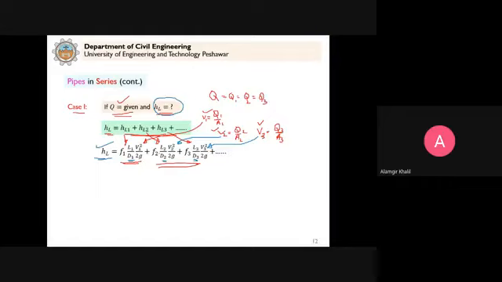But if F1, F2 and F3 are not given, then essentially it becomes a trial and error procedure. Just like we solved single pipe flow problems, in that case, you can assume some values for F1, F2 and F3 and so on.